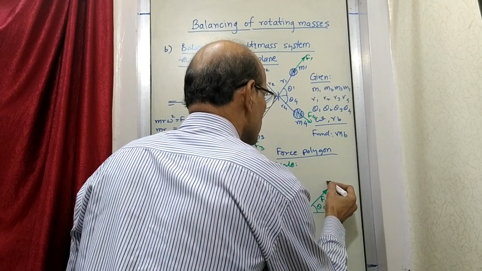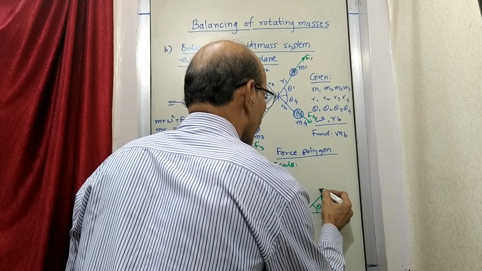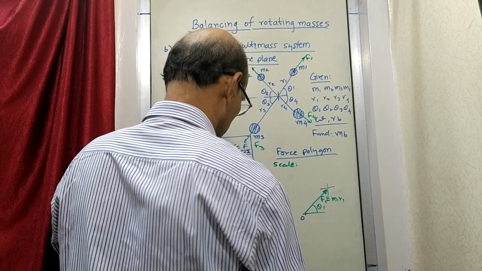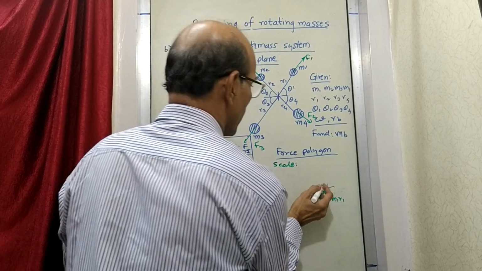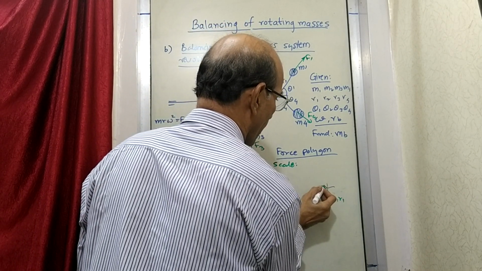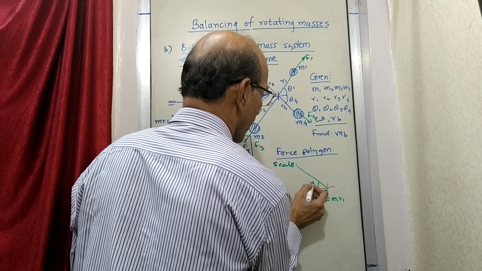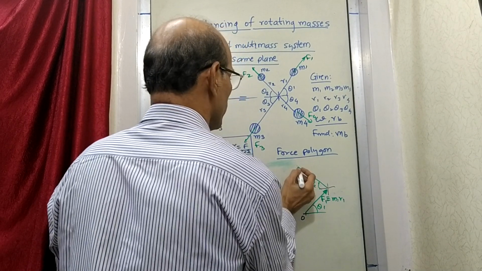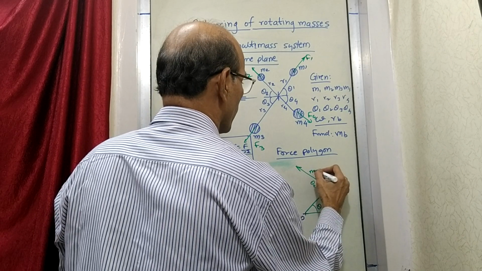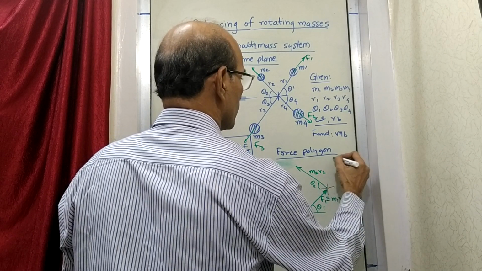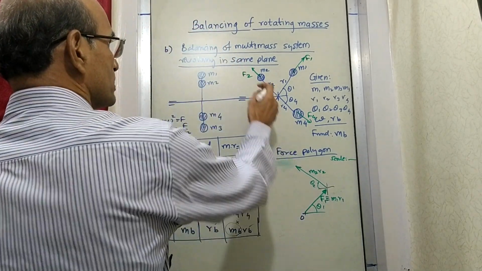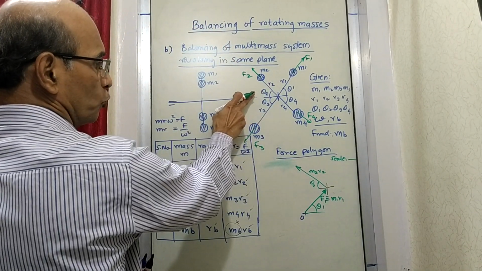I am drawing the axis again, and then making this angle theta 2 in this direction. We show M2 R2. You have to write the scale here. So the second vector is shown making angle theta 2.